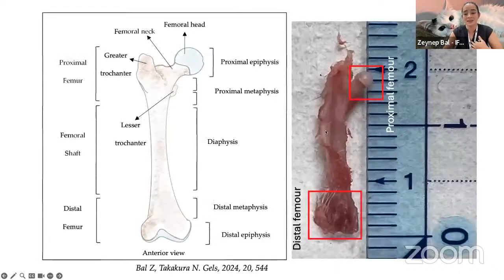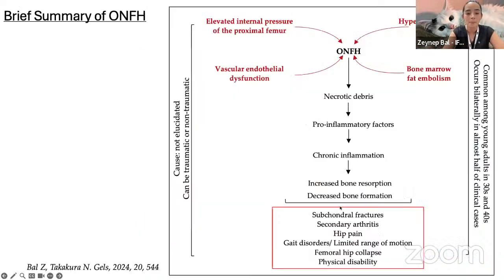In the literature, the femoral head or the proximal femur is one of the places where osteonecrosis is seen very commonly. When we compare the size, the physical appearance, and the anatomy, I think it is easy to understand why this proximal femur goes for osteonecrosis rather than the subfemur.